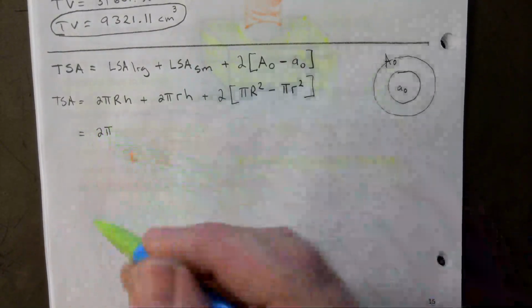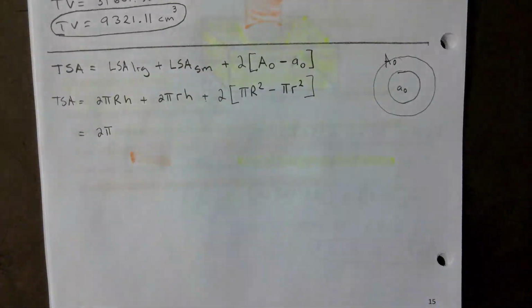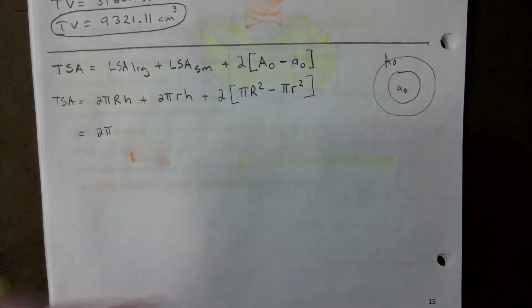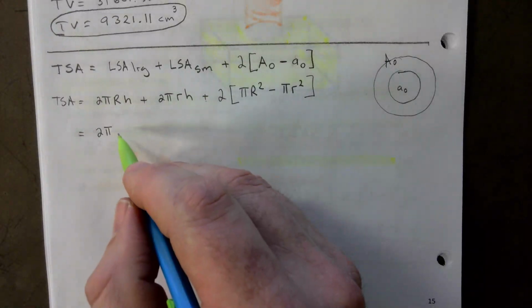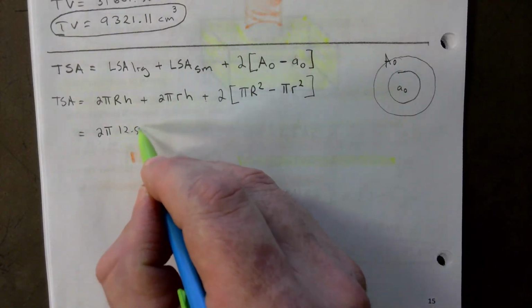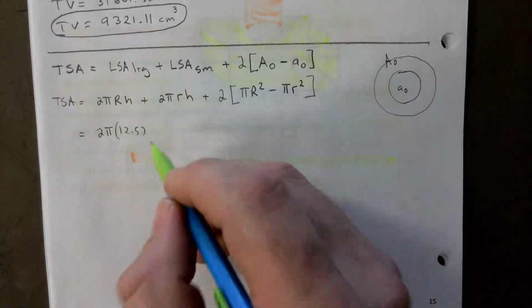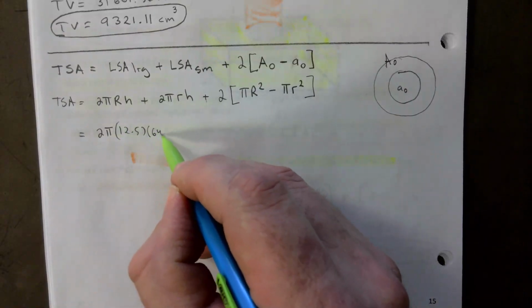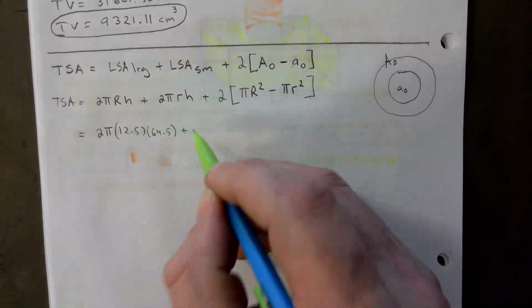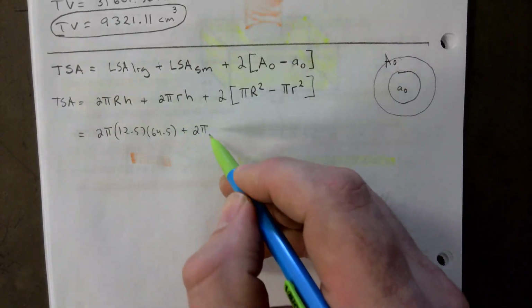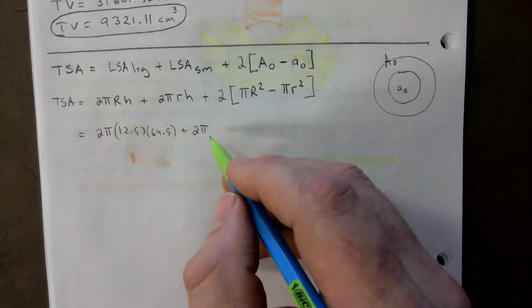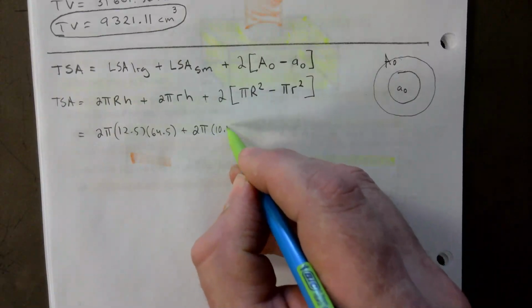2 pi times the radius of the large one, which we already determined is 12.5, and the height we already determined is 64.5. Plus 2 pi times the radius of the small one, which is 10.5. So you've done that work already.